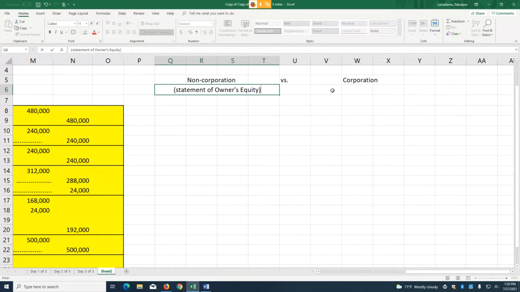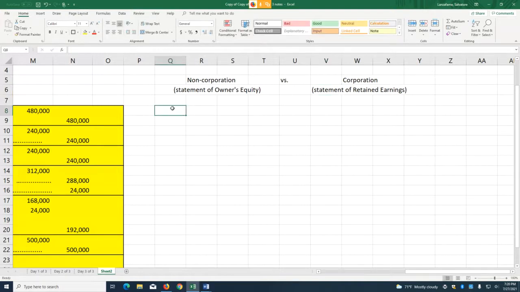That is equivalent to the statement of retained earnings. In a non-corporation, it went something like this. The beginning capital, remember the owner's name, I'll just do it the right way. So owner name capital, we'll just put January 1st, 2022.